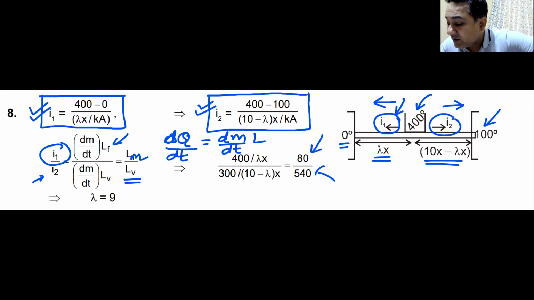We divide it and we get the value of lambda as 9. Do we understand this?